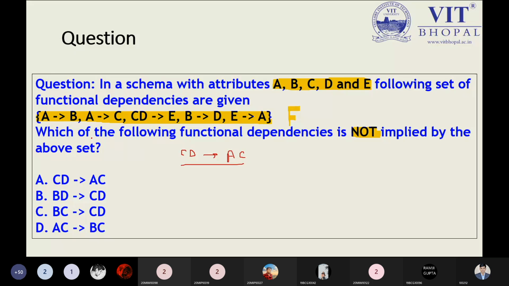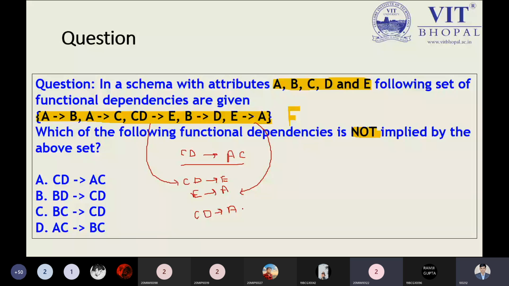Let me prove it. CD determinant to E is given. From this we can write E determinant to A, and after applying the transitive rule on these FDs, we can get CD determinant to A. Am I right? Yes, sir.